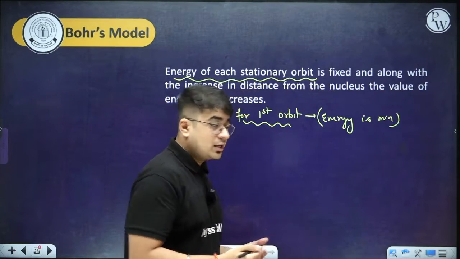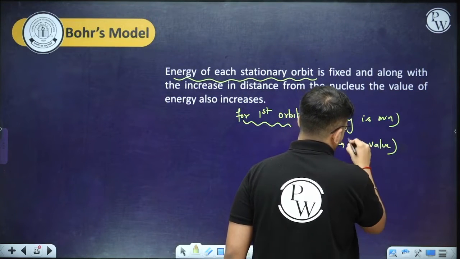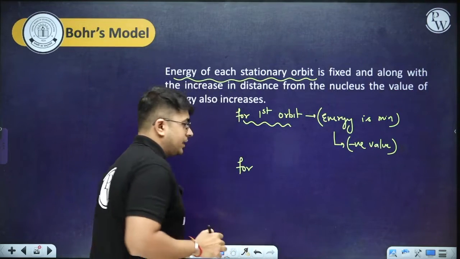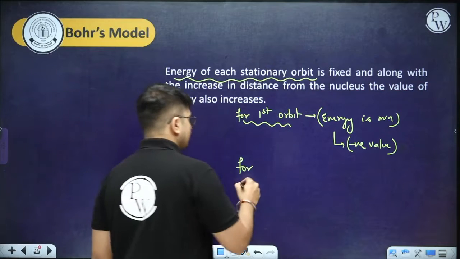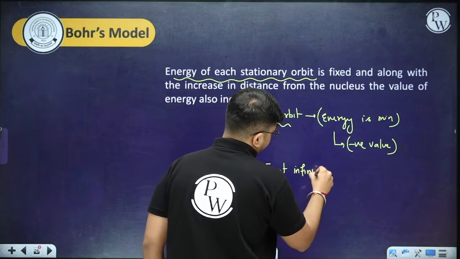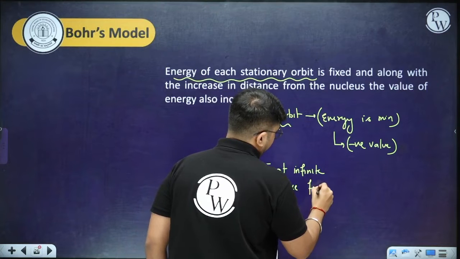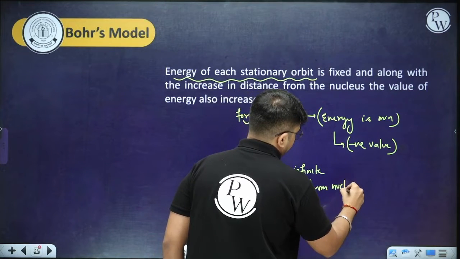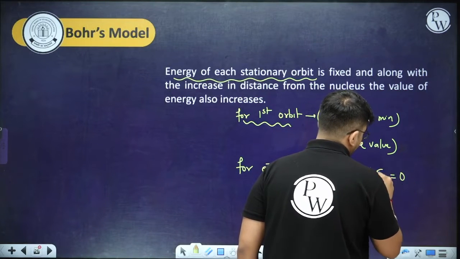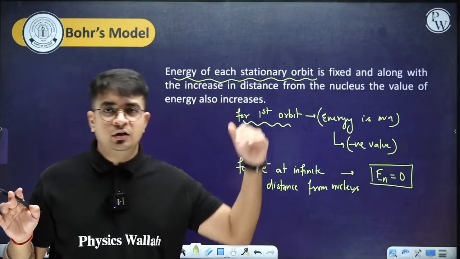Minimum means we are talking about a negative value. And for an electron at infinite distance from the nucleus, its energy will become actually 0, because there will be no force of attraction experienced by the electron from the nucleus.